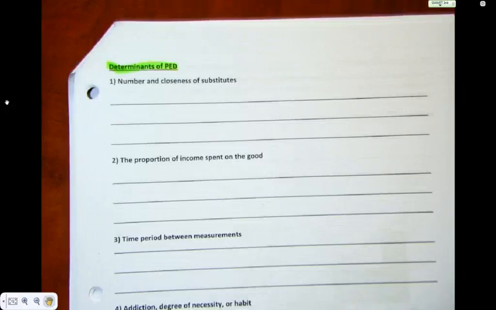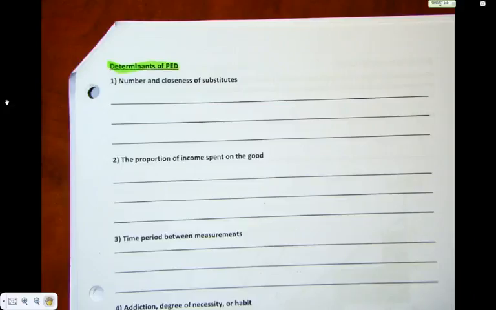Number and closeness of substitutes. What the heck does that mean? So if the price of this one goes up, but I can pick the one right beside it on the shelf, what does that mean about the PED of the first one? It's pretty elastic, right? I'm just going to switch to the next brand over. Closeness does not mean physically in the store. It means basically availability.